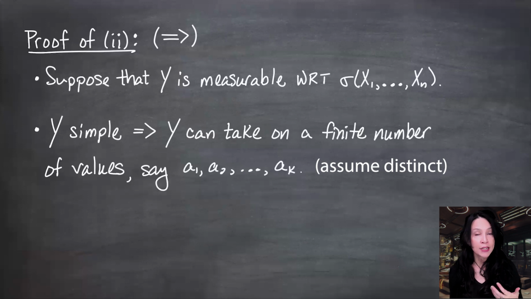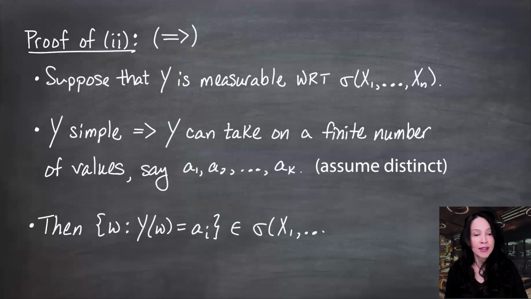If y is measurable with respect to this sigma field, as we're supposing here, that means that the set of omegas that map under y to ai is in this sigma field. This is how we show measurability with respect to a sigma field for a simple random variable.